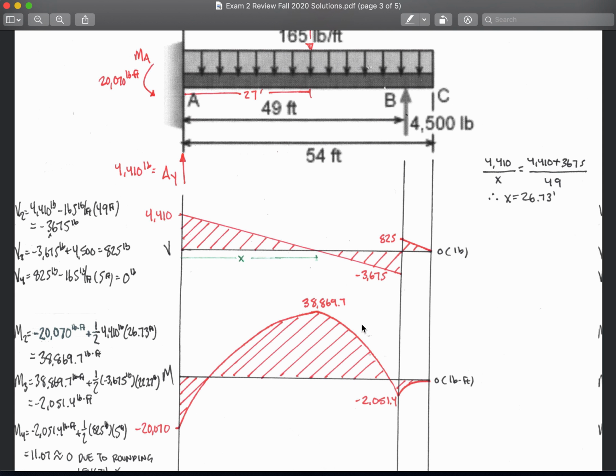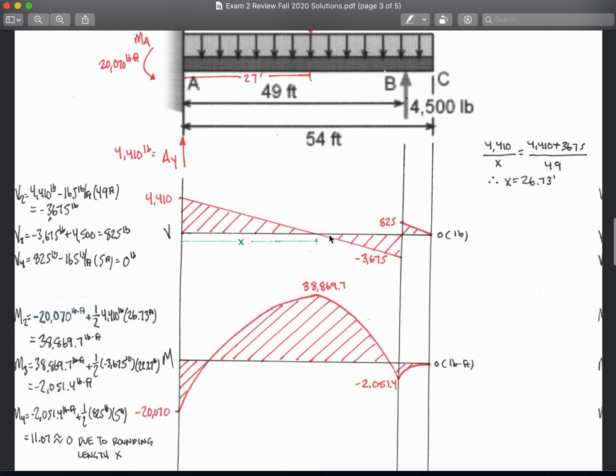Okay, then to get the next value at this point is to continue where we left off, plus this area of this triangle. So I was at 38,869.7 pound-feet, plus 1/2 of negative 3,675 pounds times the distance. The remaining distance here between the 49 is 22.27.